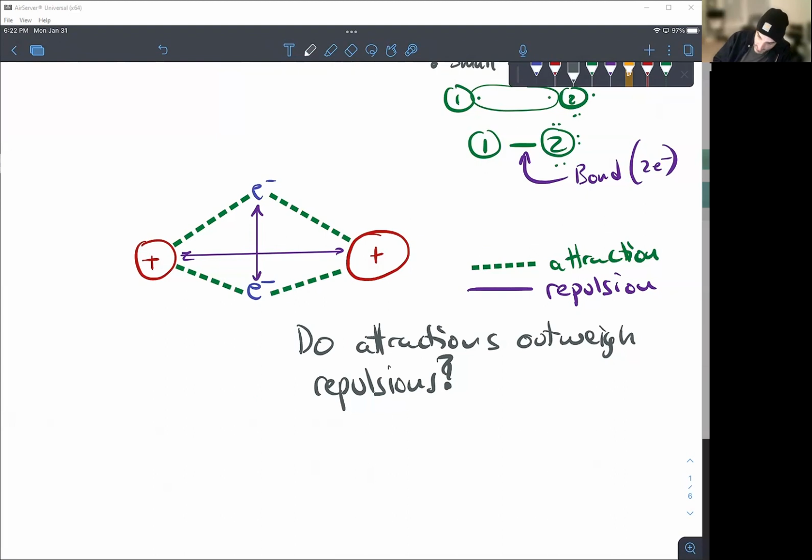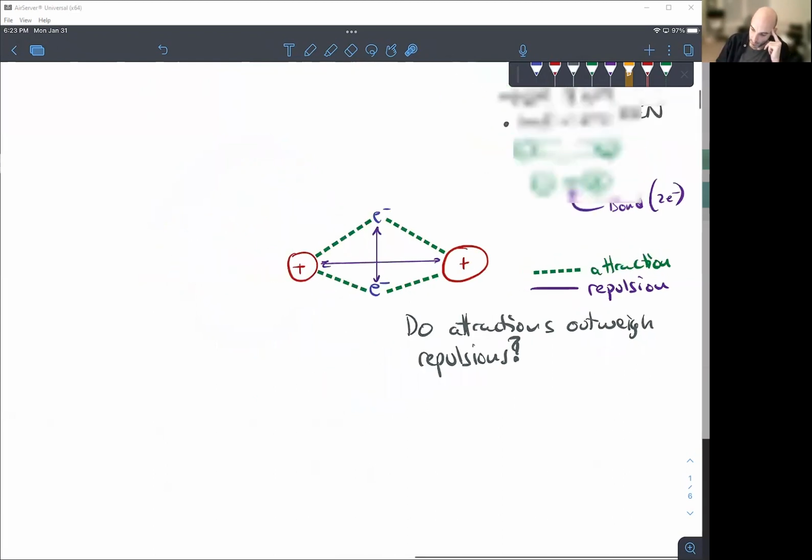So we have created this bond between the 2 of them just by having more attractive forces than repulsive forces. If we move those nuclei together, that's going to increase the strength of those repulsions. But of course, we don't in a normal bond. So there we go. All right.